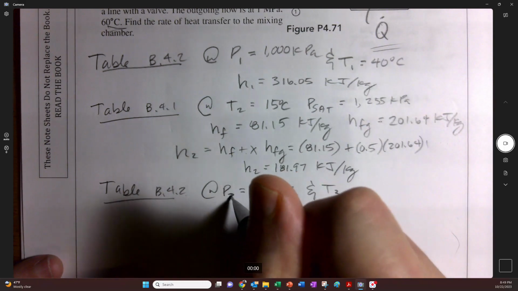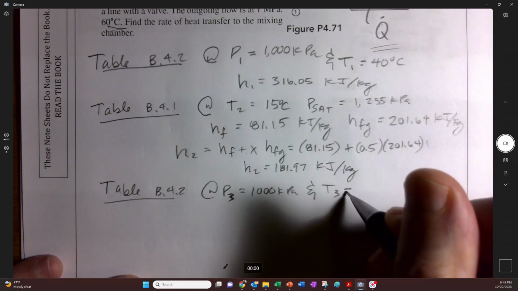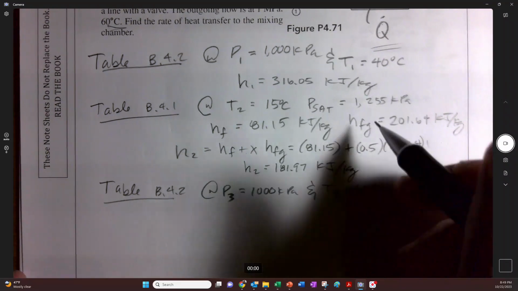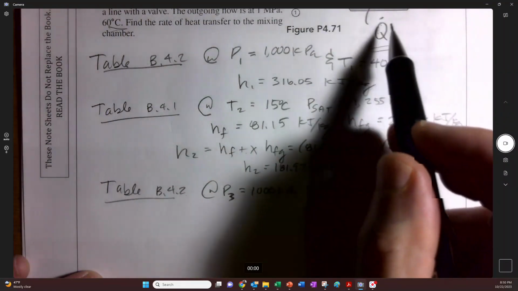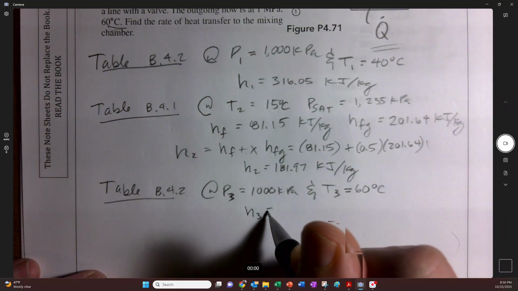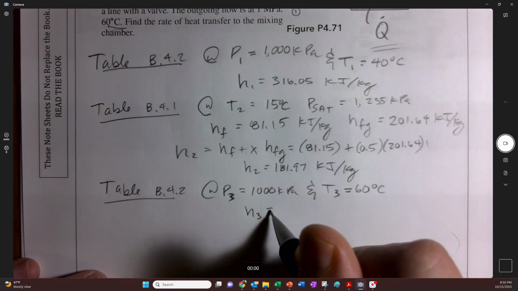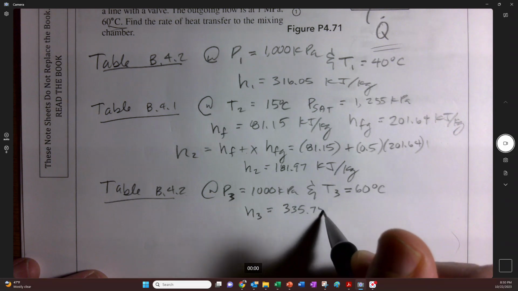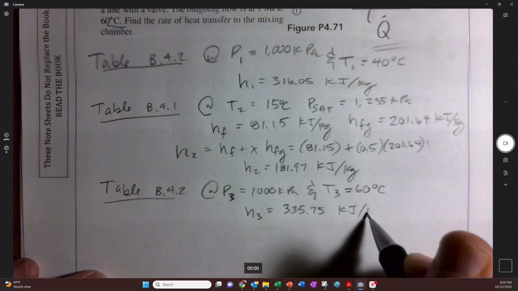T3 is equal to 60 degrees Celsius, which is surprising because it's larger than these others. But then it was like, oh yeah, there's heat being added to it. Really bothered me when I first did this. Like, how is that possible? Oh yeah, no, they're adding heat. They didn't say how they did it. It says H3 is 335.75 kilojoules per kilogram.